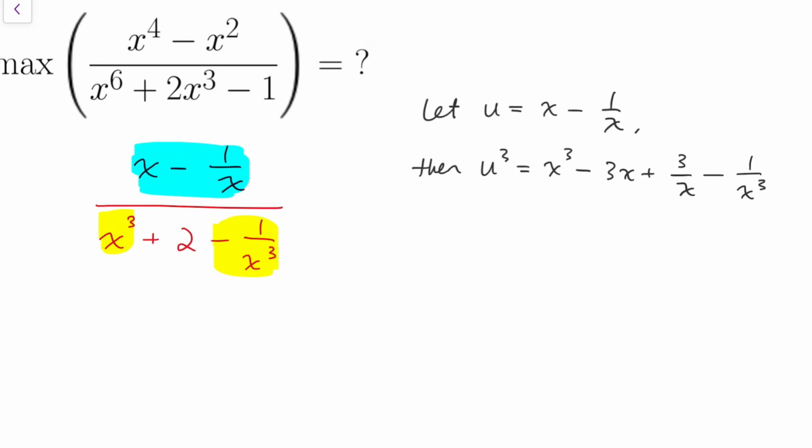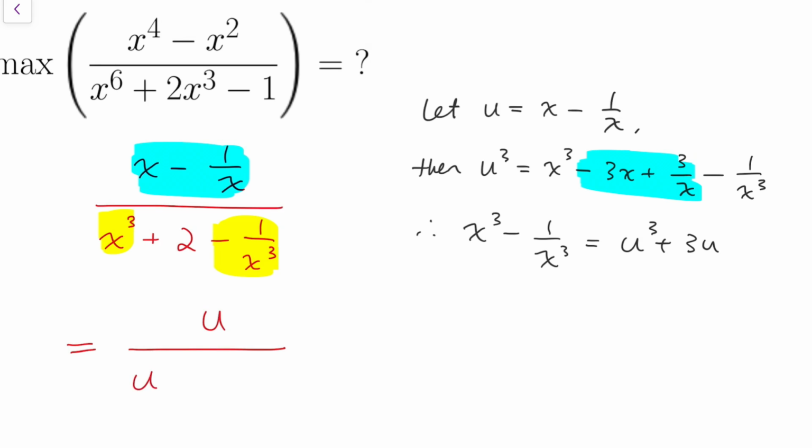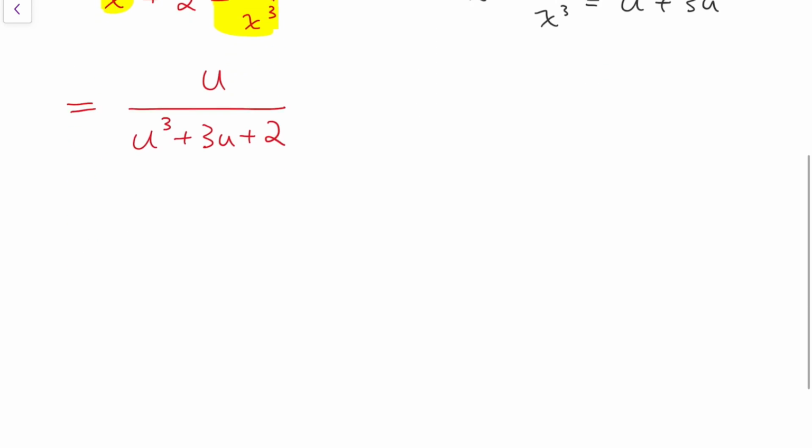And in fact, this part, minus 3x plus 3 over x, is exactly minus 3u. So therefore, x cubed minus 1 over x cubed is equal to u cubed plus 3u. So our original fraction now equals u over (u cubed plus 3u plus 2).